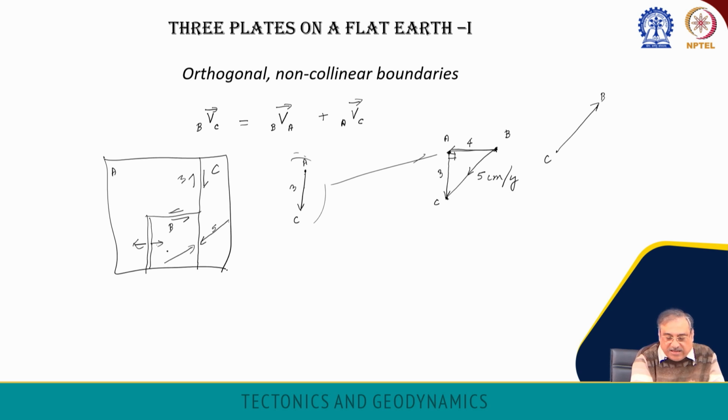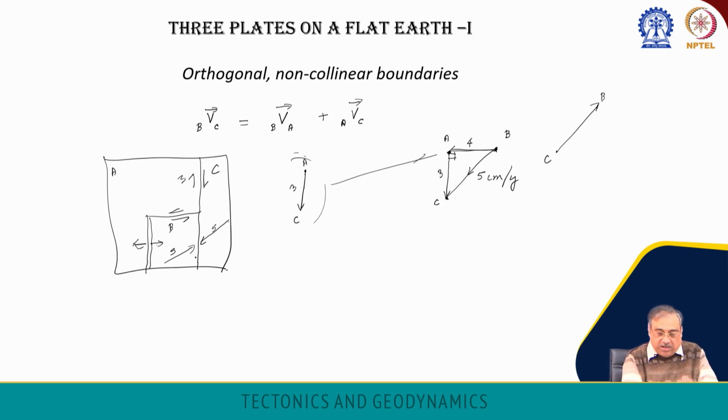Similarly, we can just take it in the opposite direction, and we can see the relative velocity of B with respect to C would be equal and opposite, in this direction. Now, either way we draw it, you can see that the arrowheads are pointing towards the plate boundary, but they are not orthogonal.